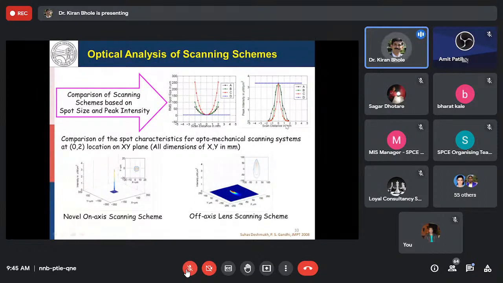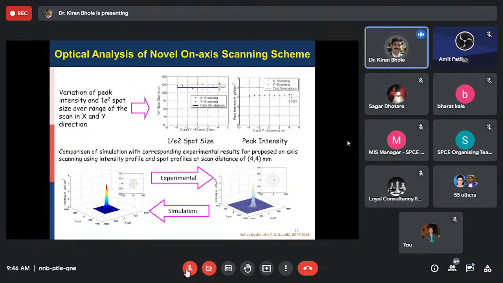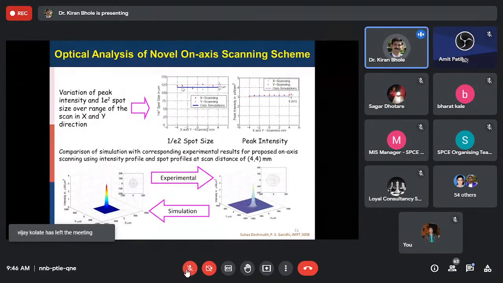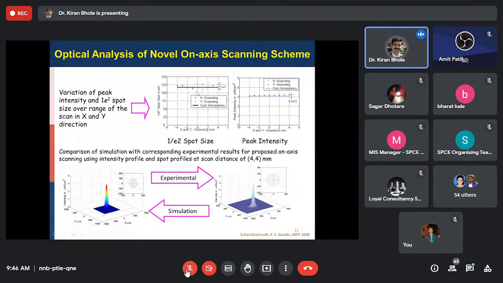So this is very important: the concept of on-axis scanning can be employed in 3D printing, 3D micro printing especially, right? When that concept is employed, the experimental result and the simulation result are compared. You can see they are in good agreement, both from the point of view of peak intensity and spot size.